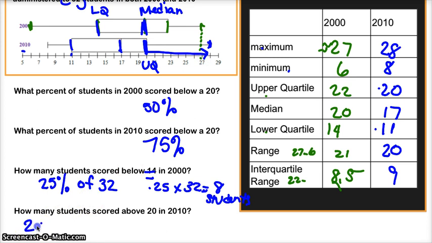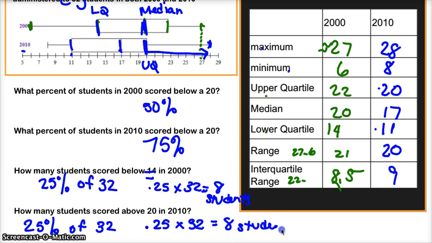So it's really 25% of the students scored higher than a 20, and 25% of the 32 means that, again, approximately 8 students scored above a score of 20.